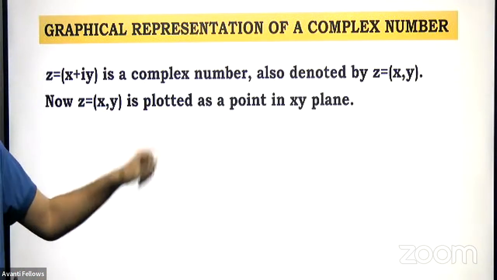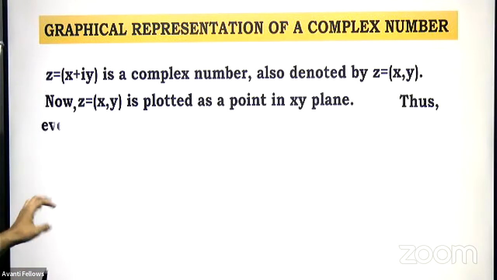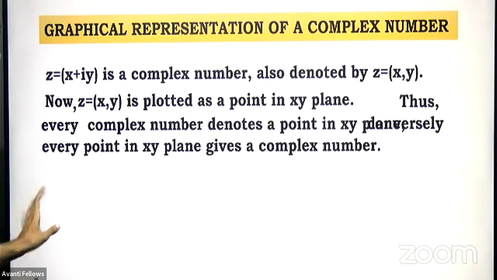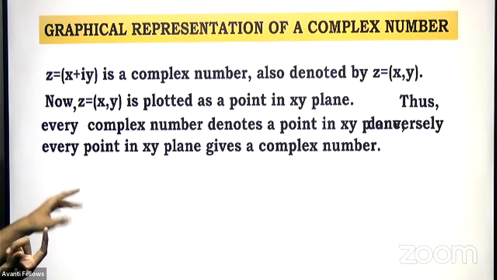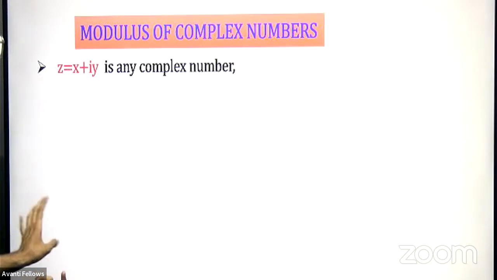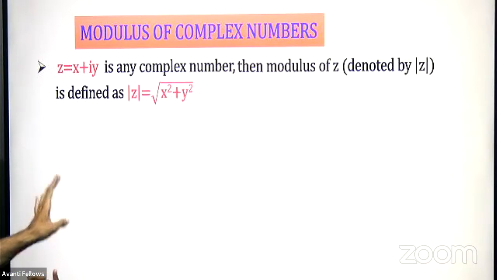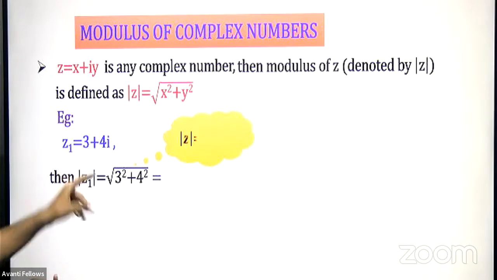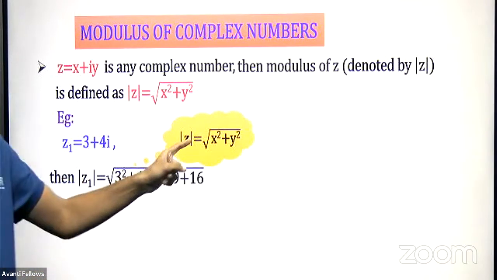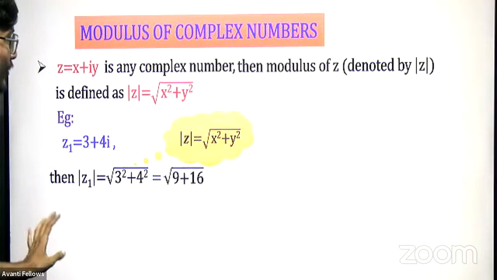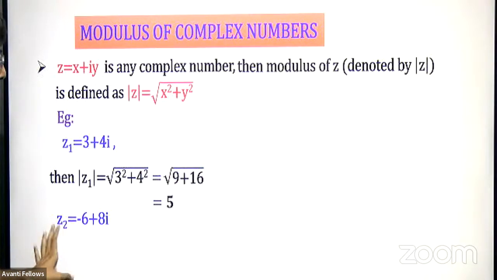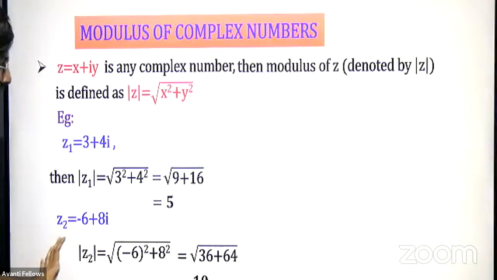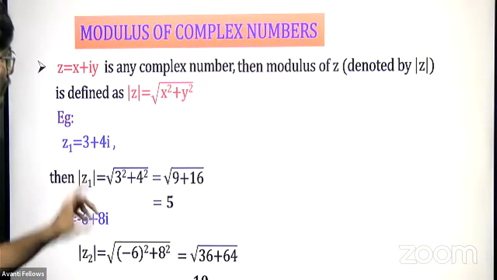Now this is plotted in the xy plane. So what we get is, every point denotes a complex number. So if we plot it, then basically I'll get, we know the modulus also. We remember the formula, right? These are some examples you can see.